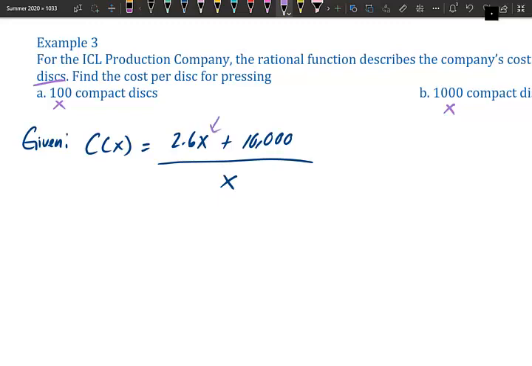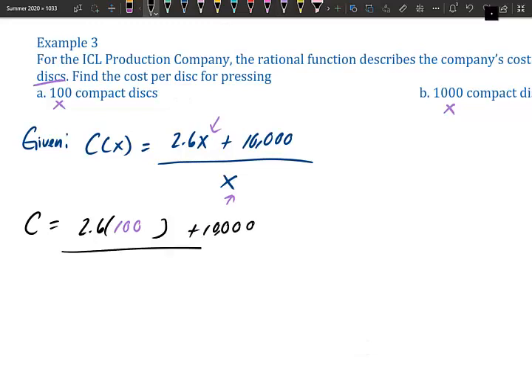We're going to plug them in. We have cost equals 2.6 times x, which is 100, plus 10,000 over 100. We're going to simplify.